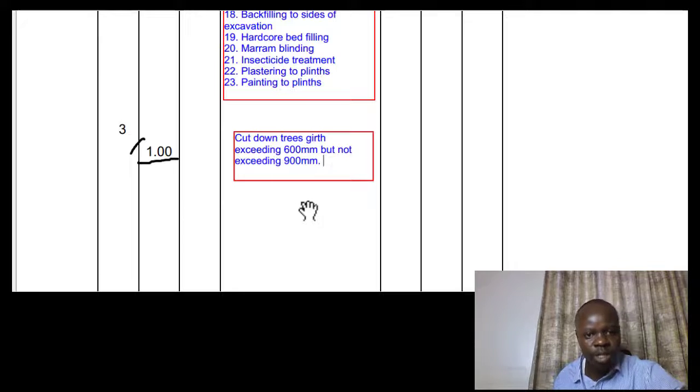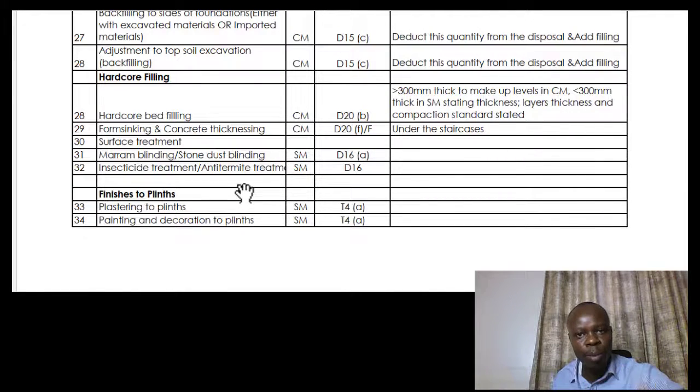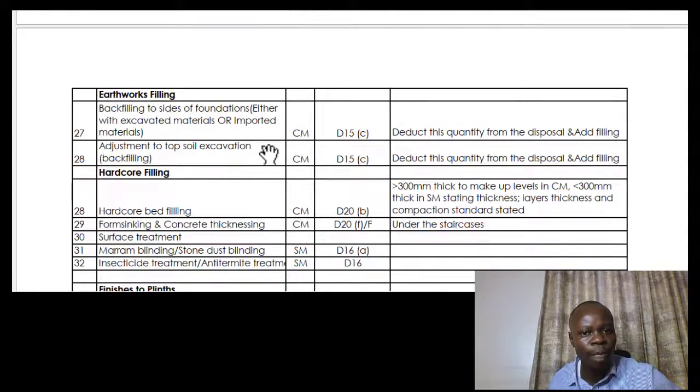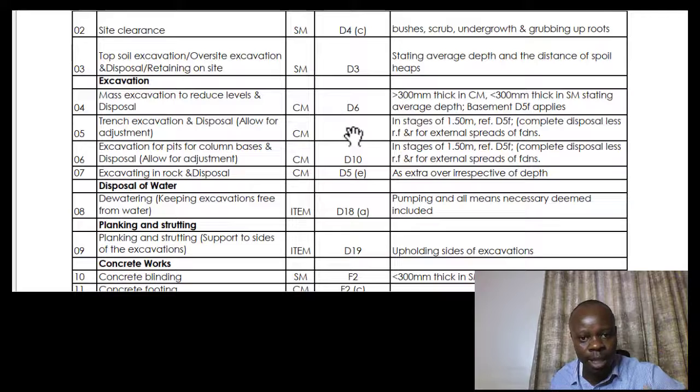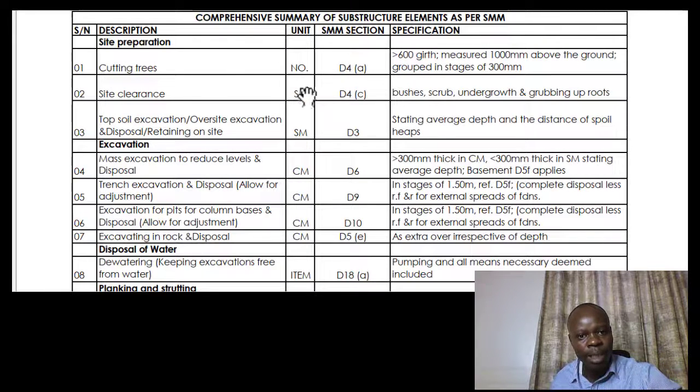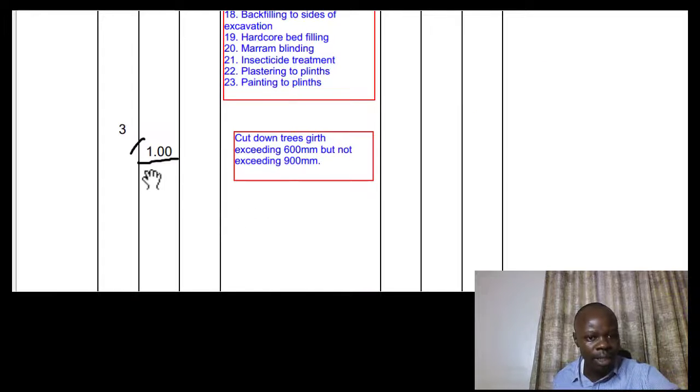So this means you've already measured the tree. In case you are joining this session for the first time, we had already indicated the rules, so you can always refer to our previous discussions for more references. Then you will see that trees are measured in numbers. That is item 1. How do you indicate the numbers? We've done so by having it as 1.